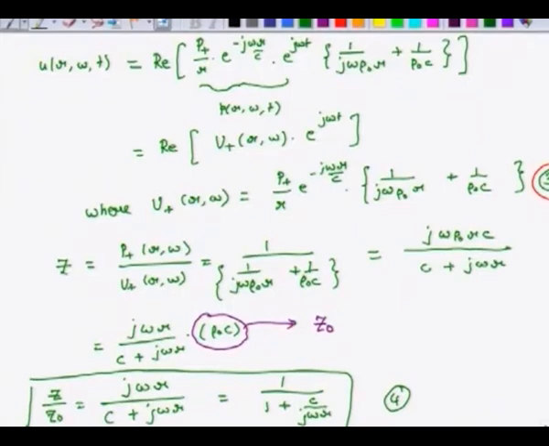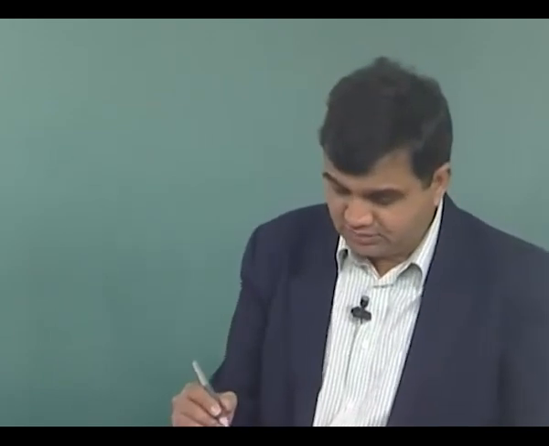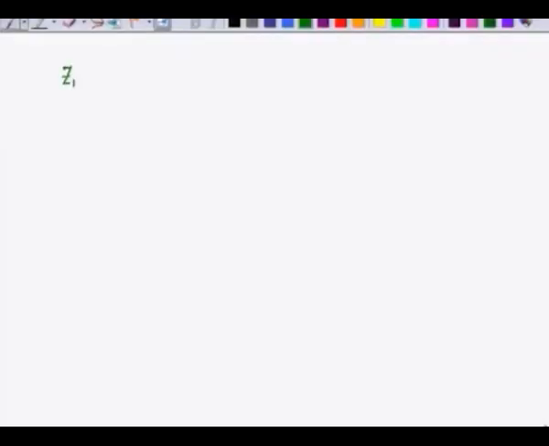Moving further, we know that z is the impedance for a radial wave and z naught is the impedance for a planar wave. So, I can rewrite equation 4 as z radial divided by z planar equals 1 over 1 plus c over j omega r.